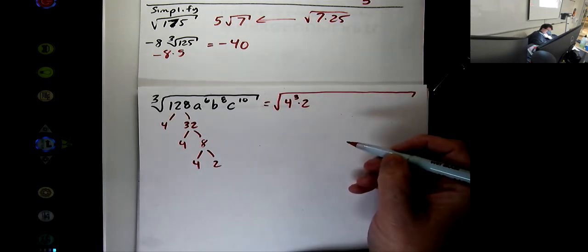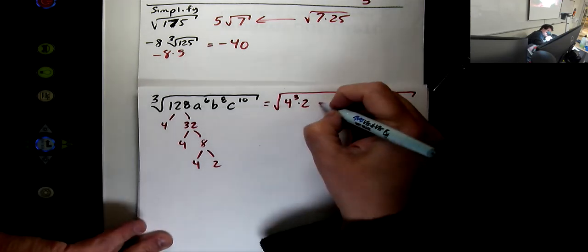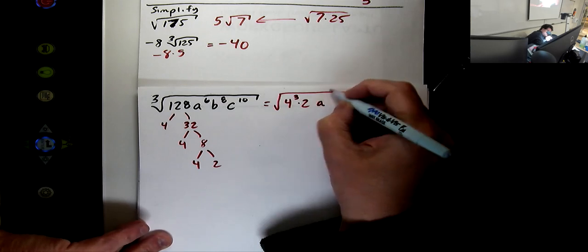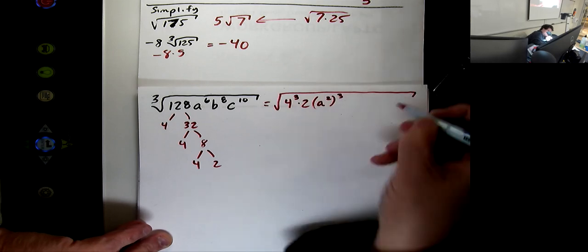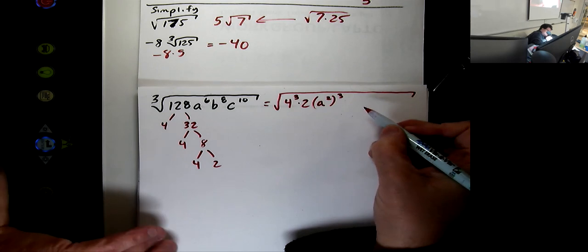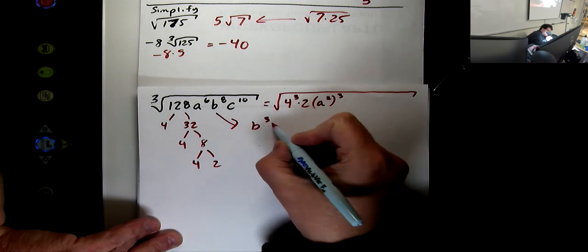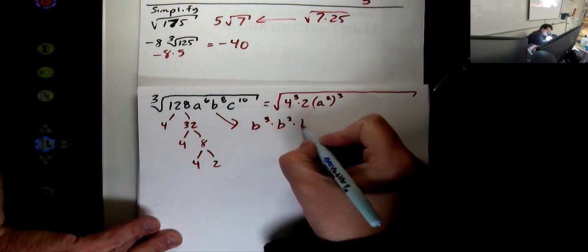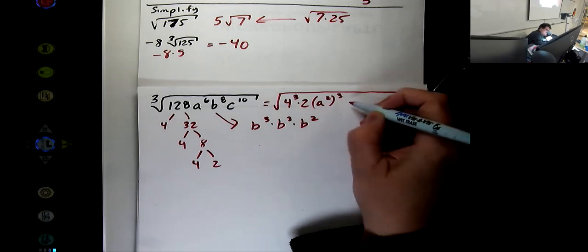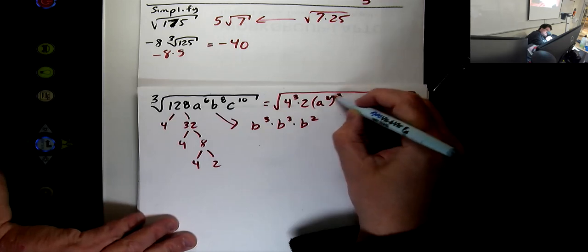I got lucky on that. This a to the 6th power is a cubed to the third power. What can I do with the b's? I've got b to the third power times b to the third power times b squared. Maybe I'll just write it like that. Maybe I should have done that with the a's. Let's do that with the a's.